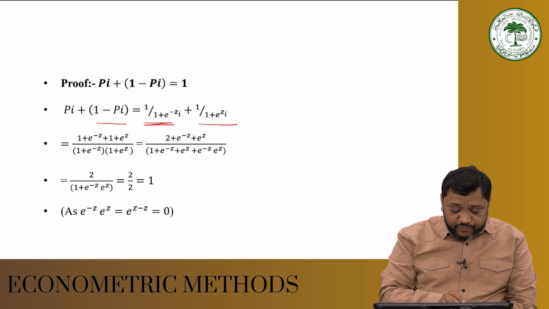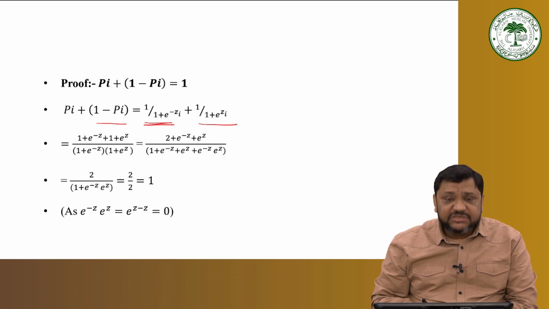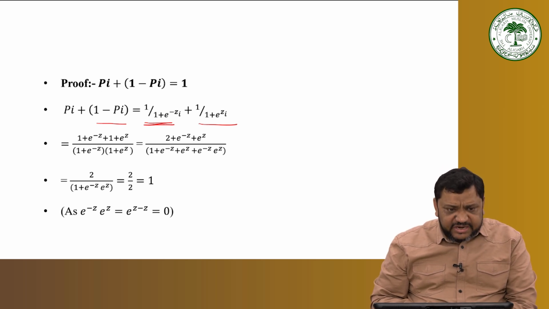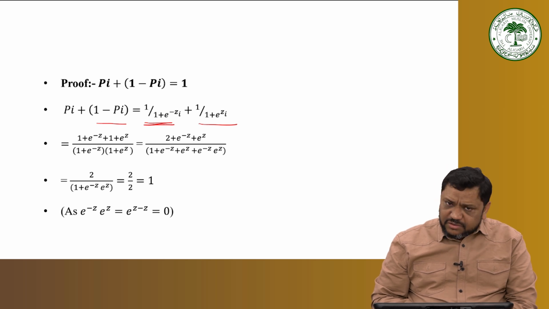So when we try to rearrange the things, we can write it as 1 plus e raised to the power minus z plus 1 plus e raised to the power z, divided by, with bracket open, 1 plus e raised to the power minus z multiplied by 1 plus e raised to the power z.